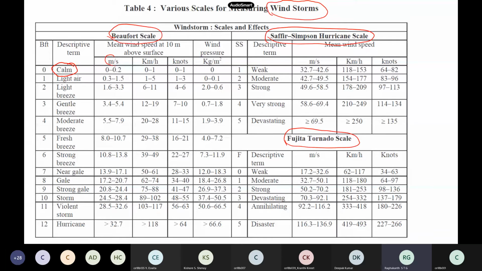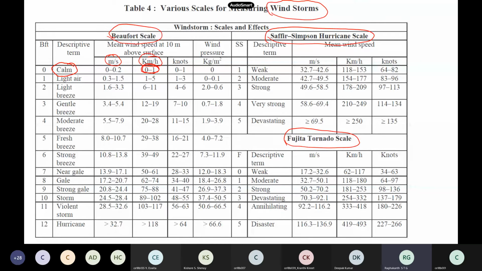This is in meters per second, and this is in kilometers per hour. So what is a calm wind? What is the number we have? 0 to 1 kilometer per hour, or 0 to 0.2 meter per second, we classify as a calm wind.